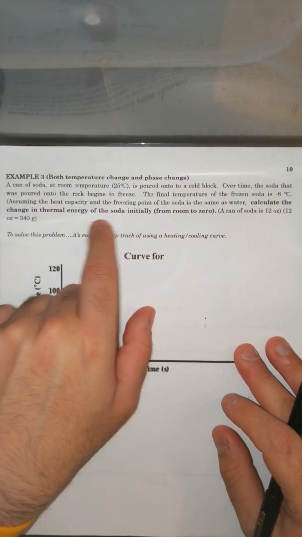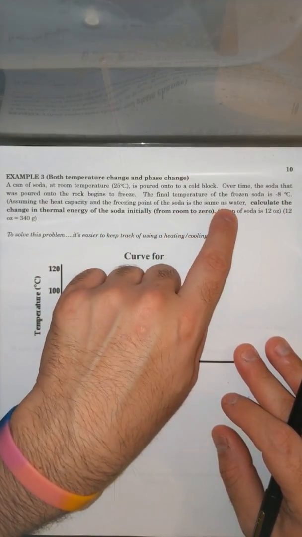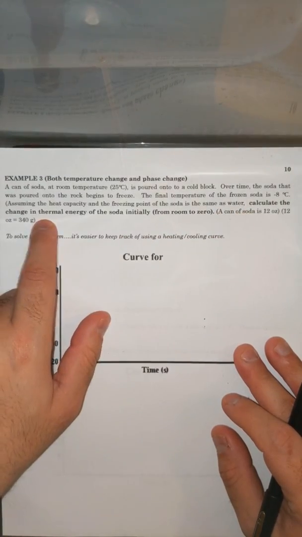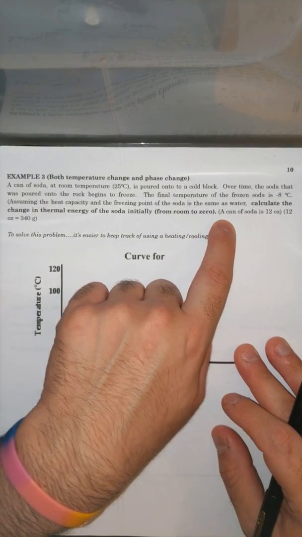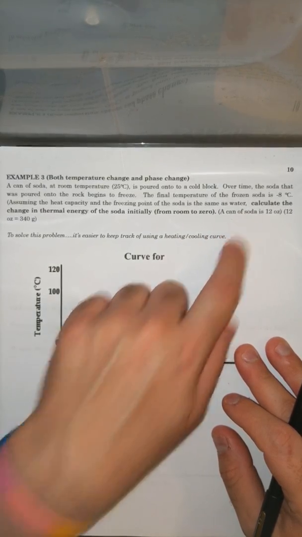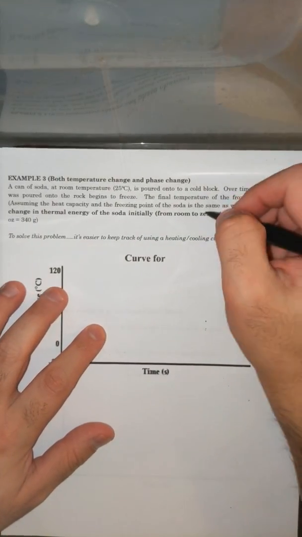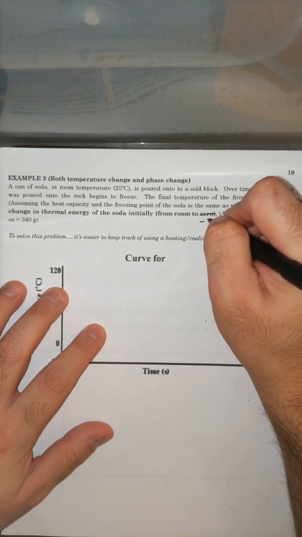Assuming the heat capacity and the freezing point of the soda is the same as water, calculate the change in thermal energy of the soda. A can of soda is 12 ounces. I'm going to actually change this from room to -8 degrees Celsius. So I want this whole change.